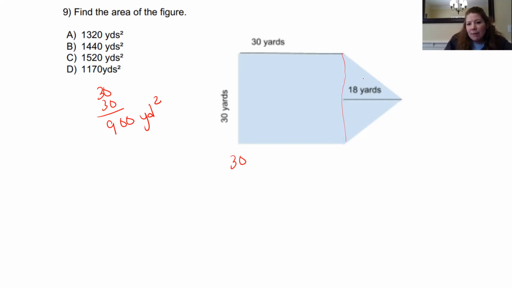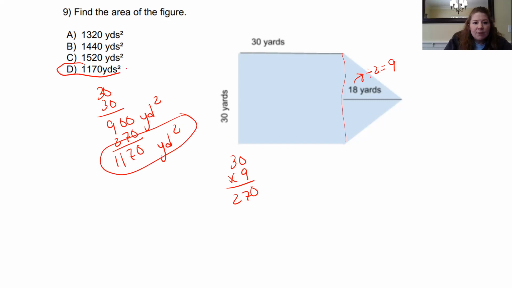I don't like to multiply by big numbers, so I'm just going to split 18. Because remember, with a triangle you just have to half any number, right? So half of 18 is 9. I'm just going to multiply 30 times 9 and get 270. So when I add 900 yards squared plus 270 square yards, I get 1170. 1170 is the right answer.